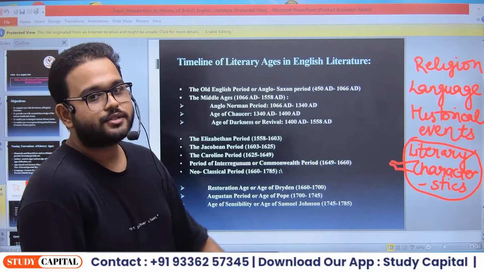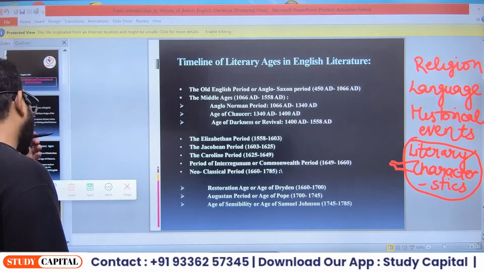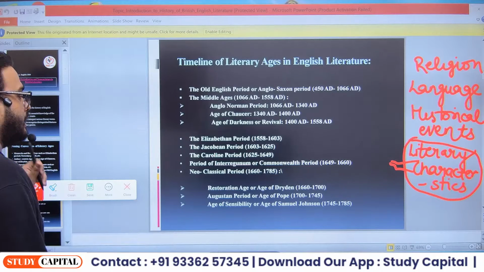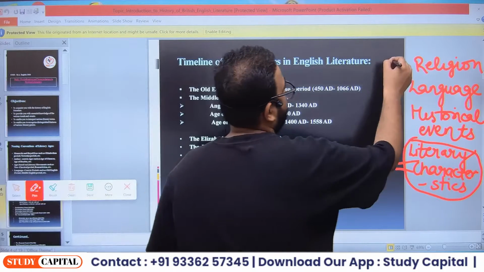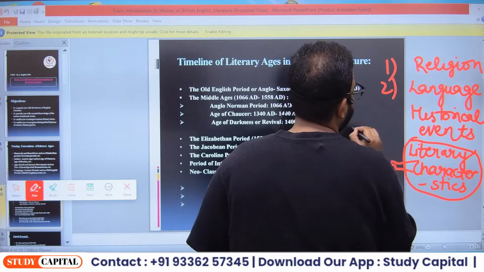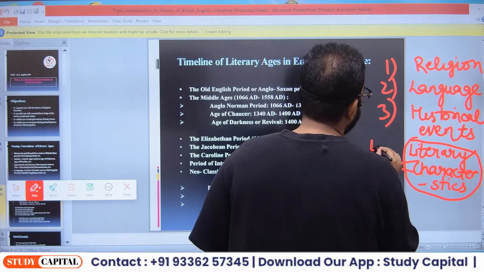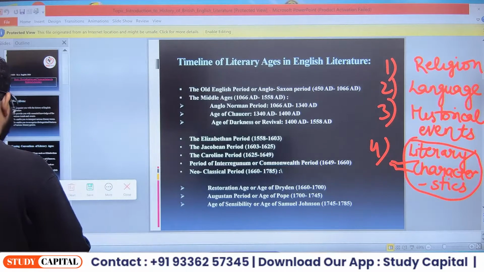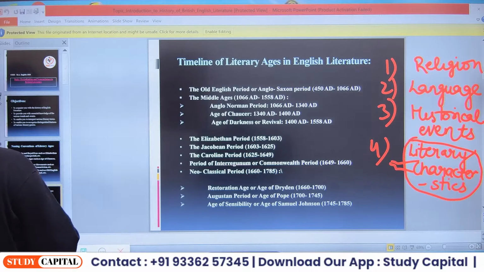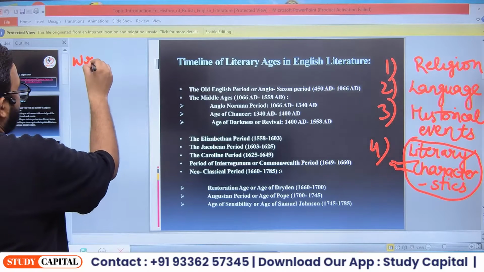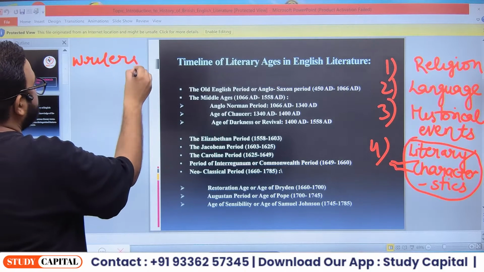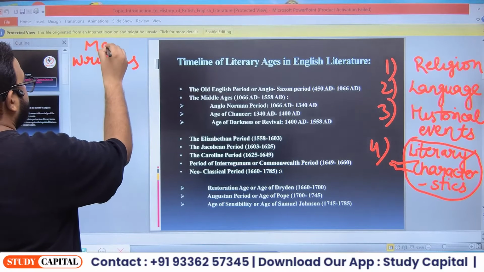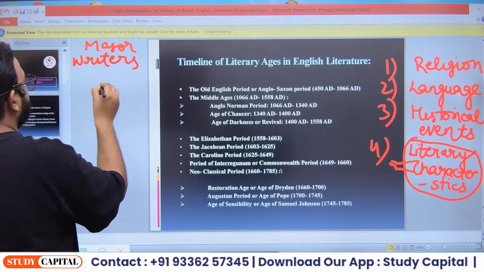Now when you move ahead with literary characteristics, I'll not give much emphasis to it, I'm just introducing things. I'll talk about them one by one in upcoming classes. So the first aspect is religion, the second is language, the third is historical events, the fourth is literary characteristics. Then you are in a position to see the writers of the age, the major writers and the minor writers, right?